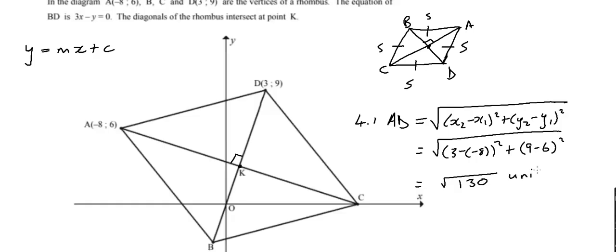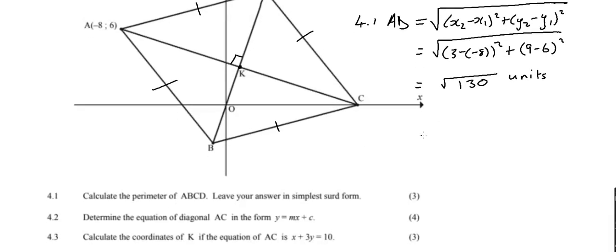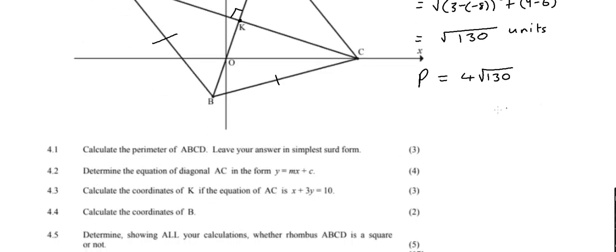Let's leave it in surd form. Now, each one of these sides is just the square root of 130 units. So when it comes to the perimeter, it's just going to be 4 times the square root of 130. And then that is it.